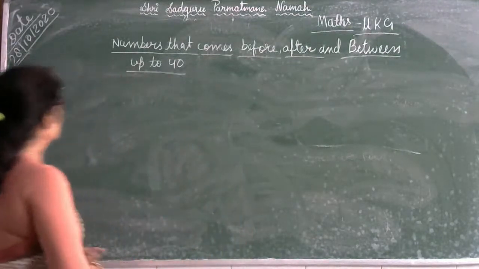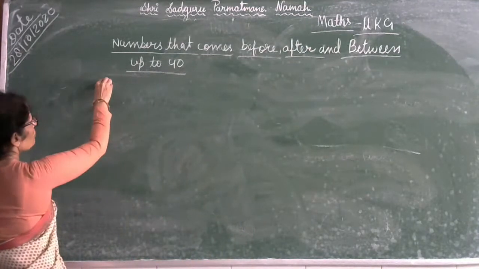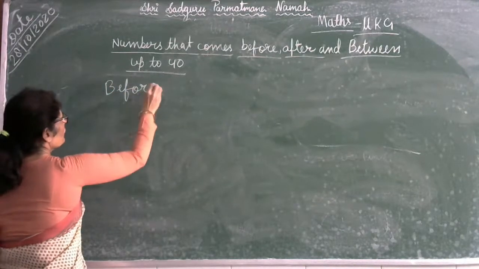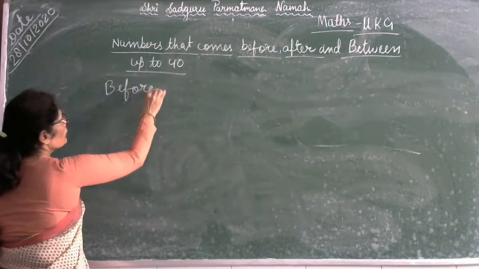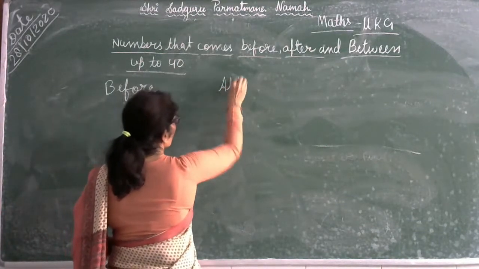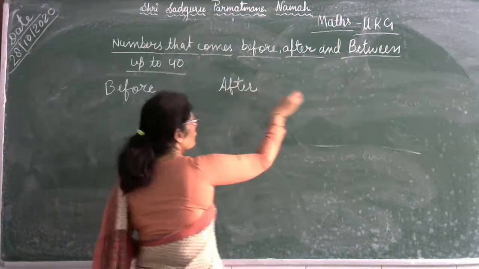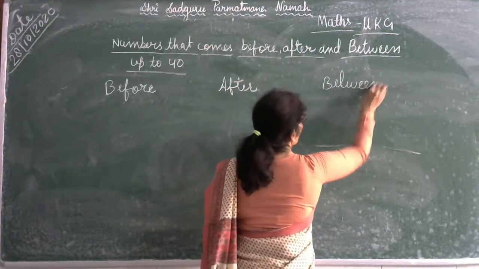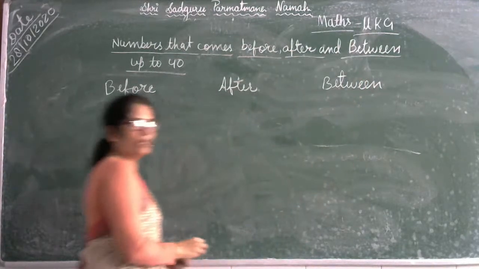So here we write the number that comes before, here after, and here between. So we will know it today.